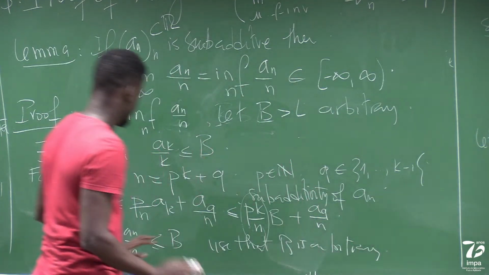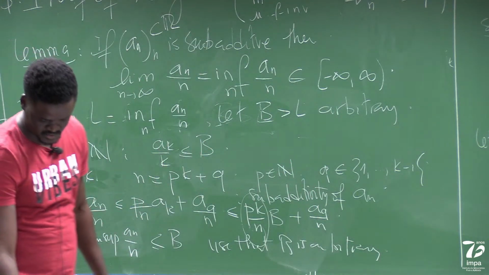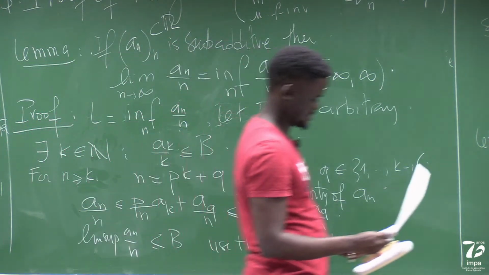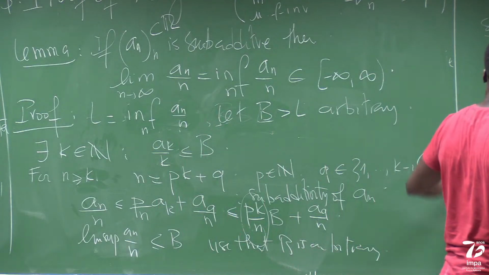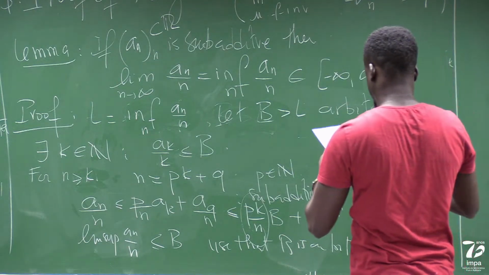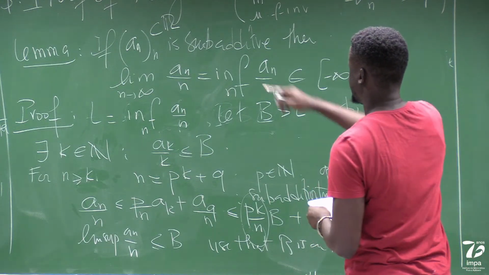Okay. Yeah, so this doesn't use any dynamical system, just the Euclidean division. It's just general from real numbers being sub-additive. So how are we going to use this?